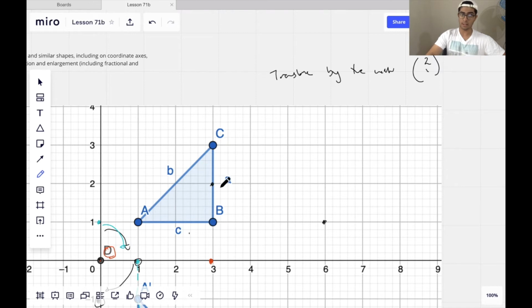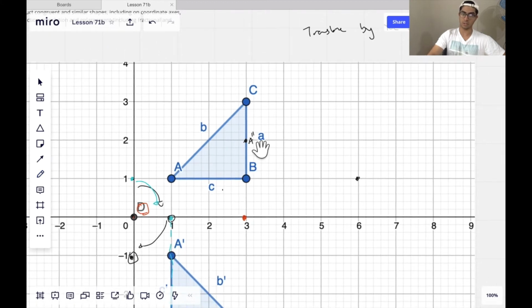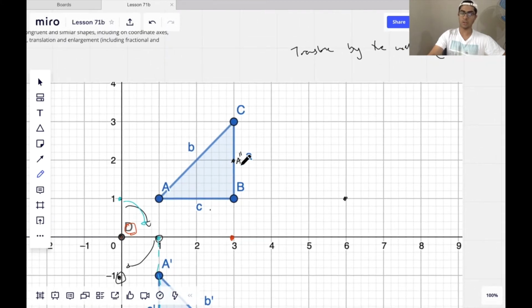So A double dash will end up here, because this is A dash, so this is A double dash. In general, with notation for transformations, we use a dash to represent the new or transformed point. And same thing with B: we go 2 to the right and then 1 up. So B double dash. And then same thing with C, 2 to the right and 1 up. So C double dash, and then we've got our shape.